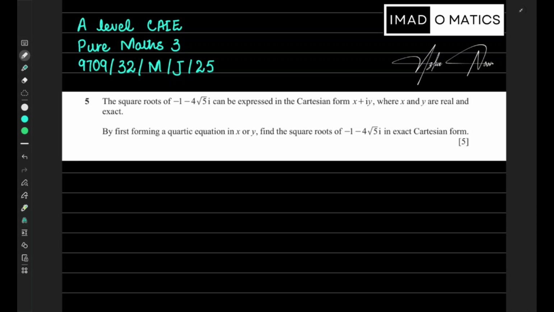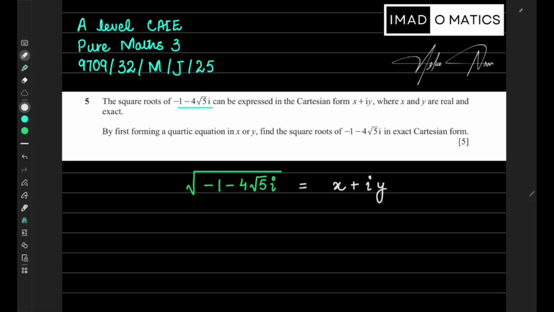Whenever we need to solve such a question where we need to find the square root, what we do is we put the square root of this complex number, -1 minus 4 root 5 iota, equal to the standard form of a complex number, x plus iota y.